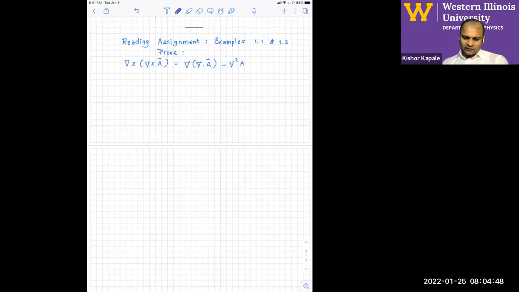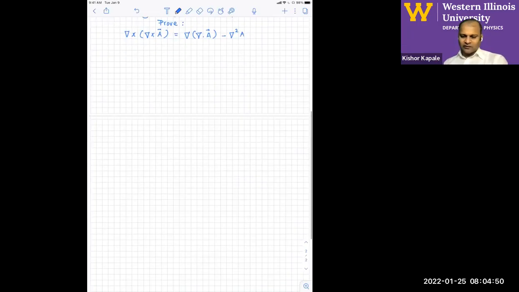We haven't proved it, that's just how it looks. We have to prove it and look at the implications of it if A was expressed initially as a vector not in the Cartesian coordinate system, but let's say in the spherical coordinate system.